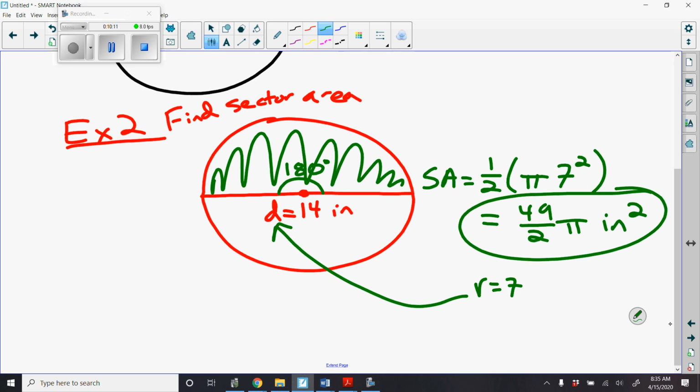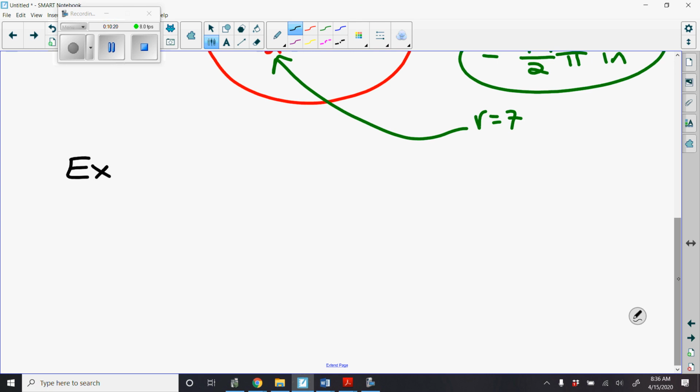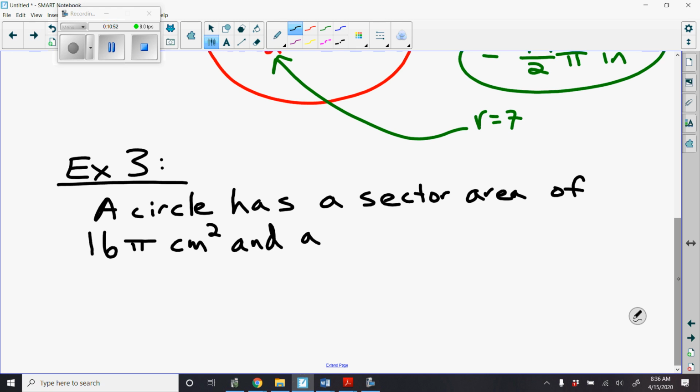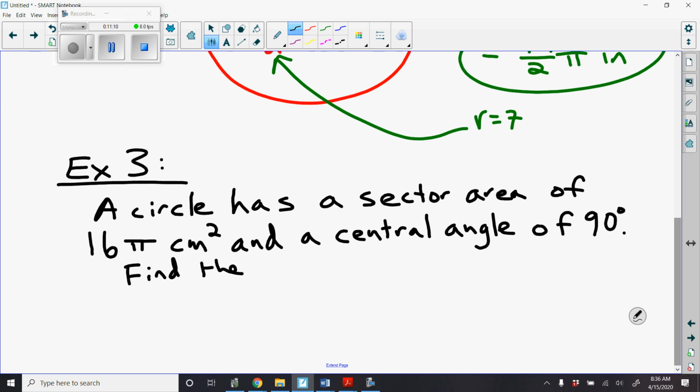Let's try one more example. Okay, so here's the problem.